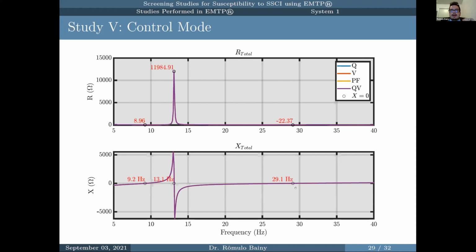So our conclusion was that the control modes don't affect much in these types of studies. Again, here we have the resonance frequency around 29.1 hertz, and our damping is going to be a negative damping again of minus 22.37.